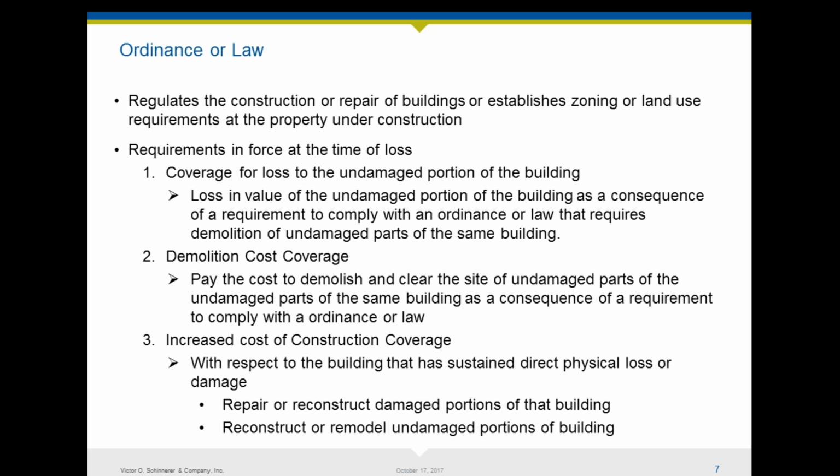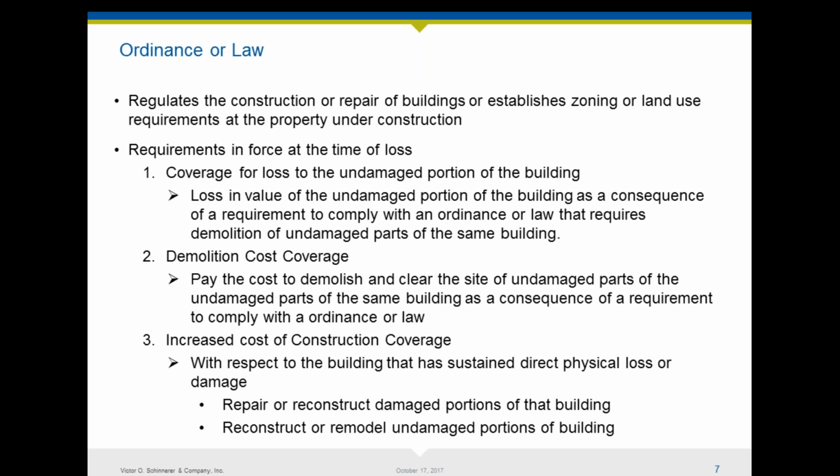So this coverage is built in to give that comfort of knowing that there is a coverage if there is a need after a covered loss. So if there's a covered loss and part of the building is undamaged from the loss, but it doesn't meet the zoning requirements at the time of rebuilding, then this coverage would respond to that. So anytime there's a loss in value of the undamaged portion of the building as a consequence of a requirement to comply with an ordinance or law, so if it needs to be removed or repaired or brought up to code, this coverage would respond.